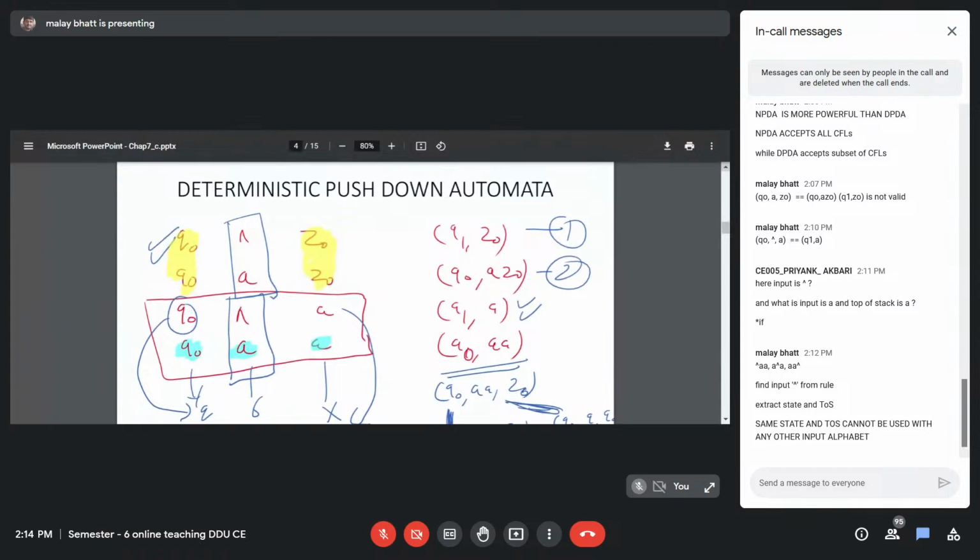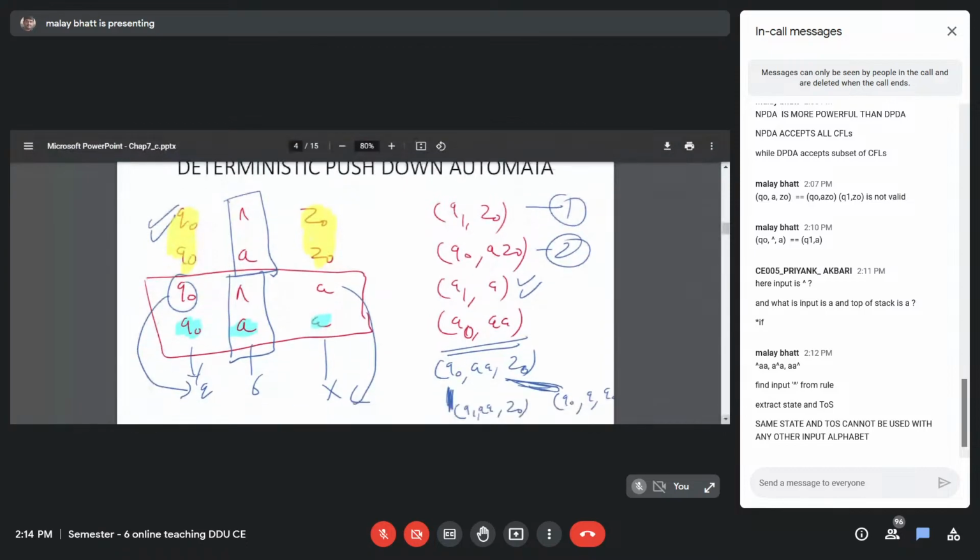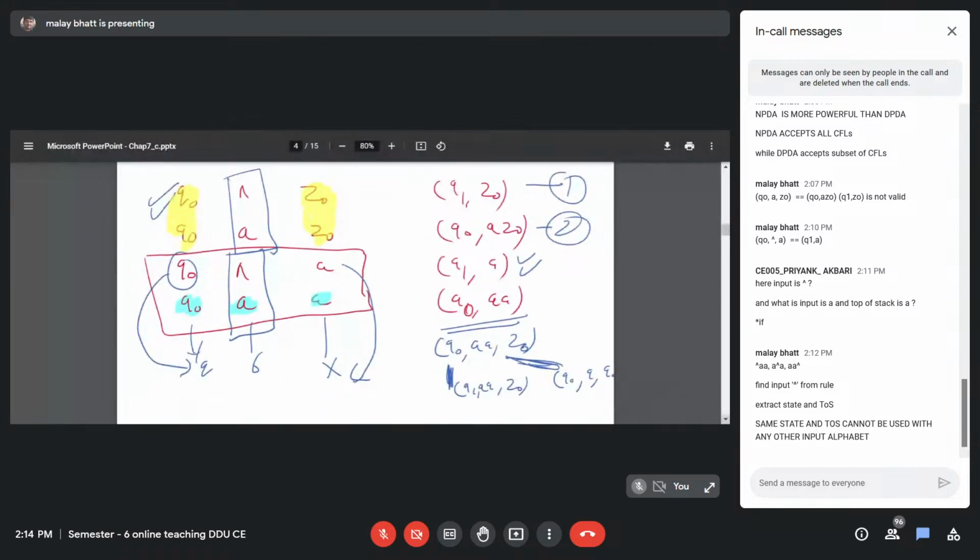Similar to that, Q0 null A is an ignore operation, giving Q1 A. And Q0 a A is a push operation. So we cannot use that; it will make it a non-deterministic pushdown automata.